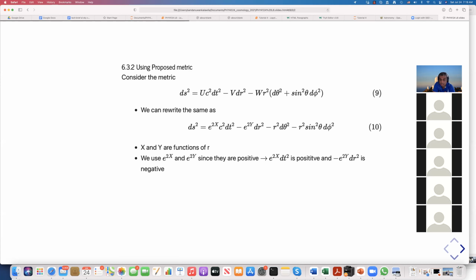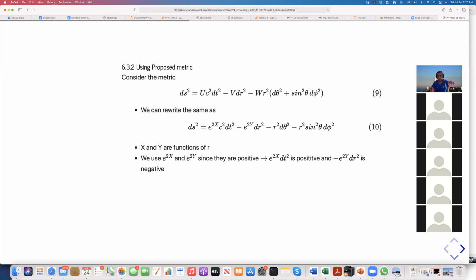So when you take e to the power 2x dt squared, that is positive for sure. And then when you have minus e to the power 2y dr squared, that is negative for sure, right? So this is to keep that convention that for the metric, the first component is positive and all the other three components we write as negative values. Once you use these exponential powers in this way, you can keep that convention. So that is the idea.